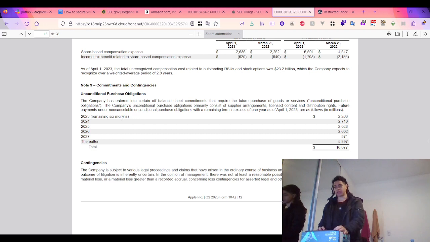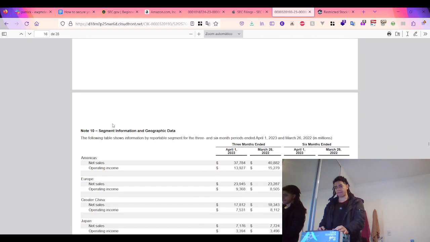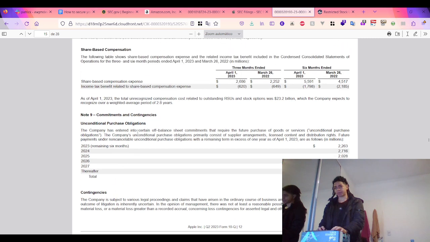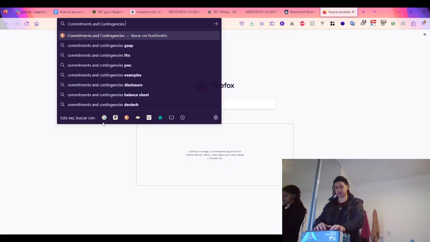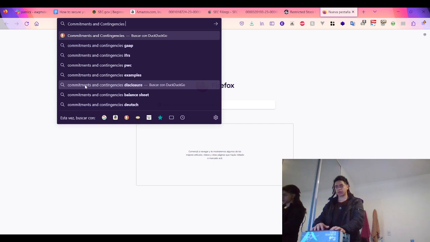Unconditional purchase obligations and contingencies. Is commitment and contingency the same as commitments and contingencies?